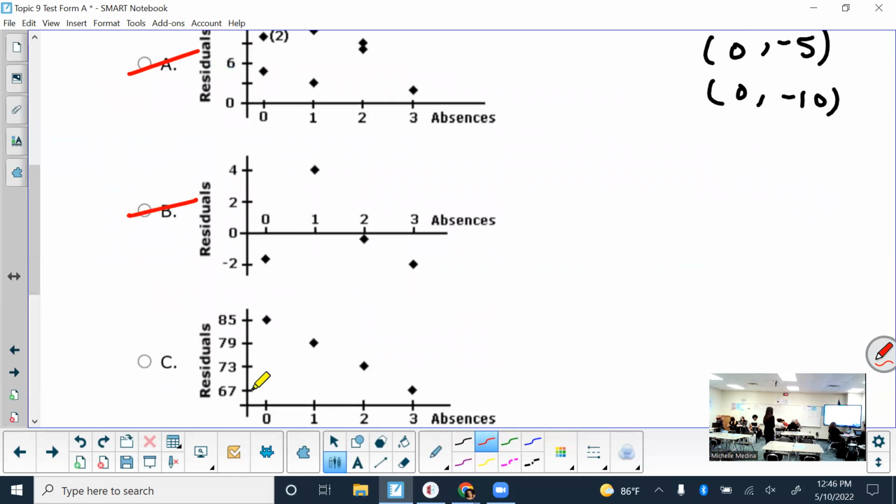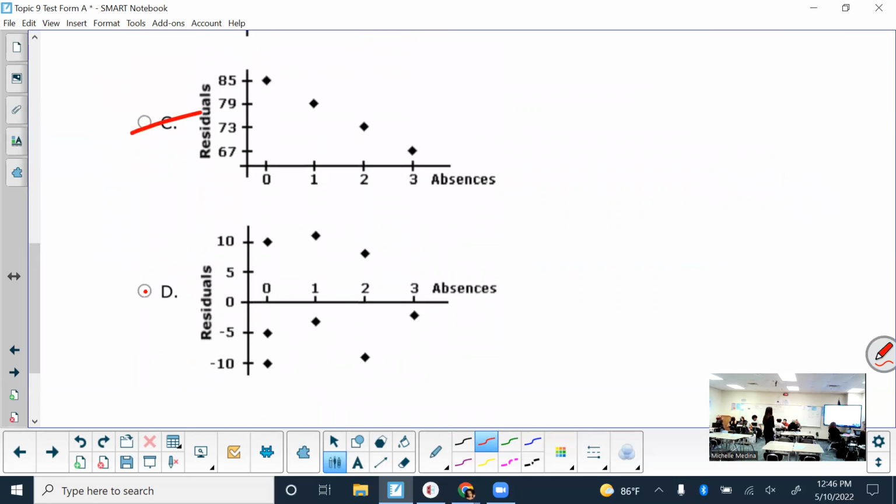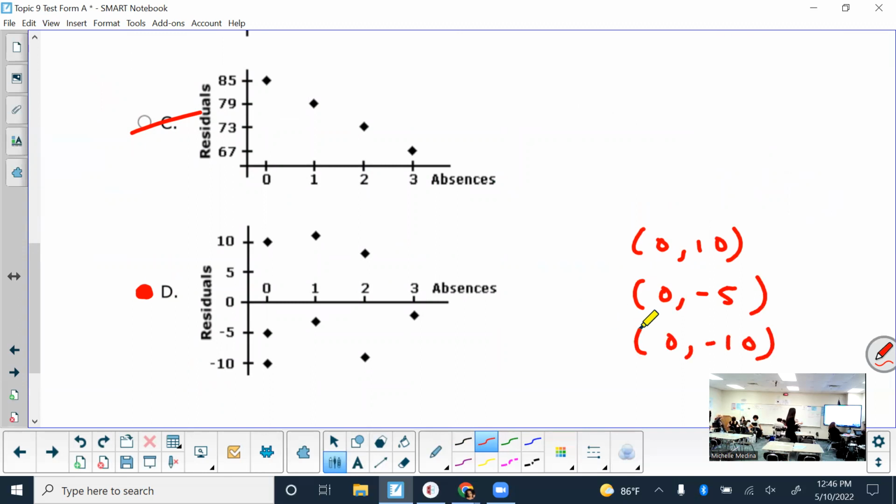No. Could it be C? No. Again, same thing, only has 1 dot, there should be 3. Can it be D? Yes. And if you look at the dots, do they match what we said they would be? Yes. So you don't necessarily need to find all the residuals, but find enough to where you can cancel out the other options.